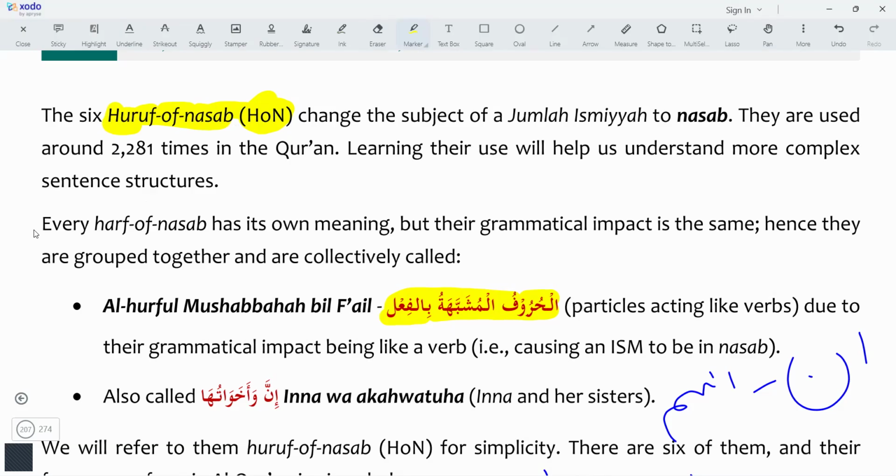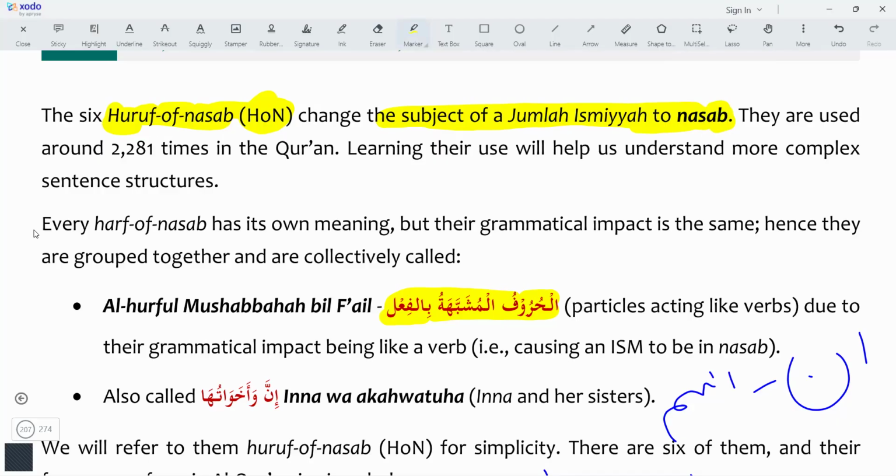The 6 huruf of nasab change the subject, the mubtada of the jumlatul ismiya, into nasab. That's why we call them huruf of nasab.